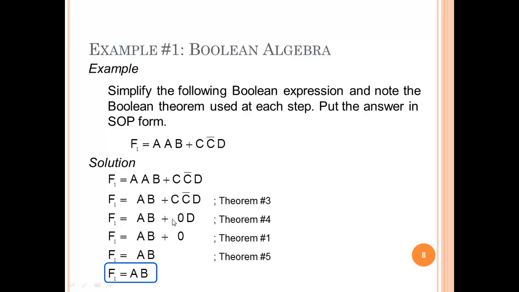All right, so we get A and B or 0 and D. Okay, 0 and anything was going to be 0. So we have A and B or 0. Okay, well, 0 is not going to give us anything out of the OR gate, right? If we combine those two, it would only be 1 when A and B are 1. So that becomes just A and B, and the final answer is this expression simplifies down to A and B.